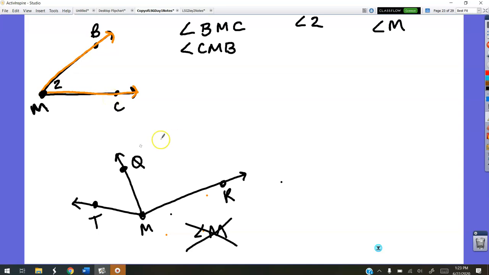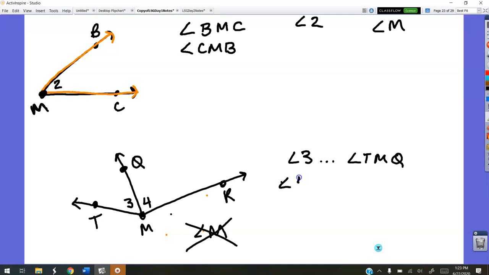All right, so down here, since I already have this drawing, let's label some angles in this drawing. So I'm going to call this angle 3, I'll call that angle 4. So if I wanted to talk about angle 3, well, angle 3's vertex is point M, so that would be in the middle. And then I need the points on each side, so like TMQ would make that angle, or you could have called it QMT.